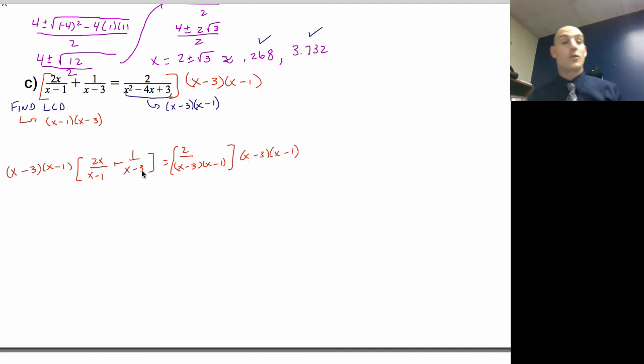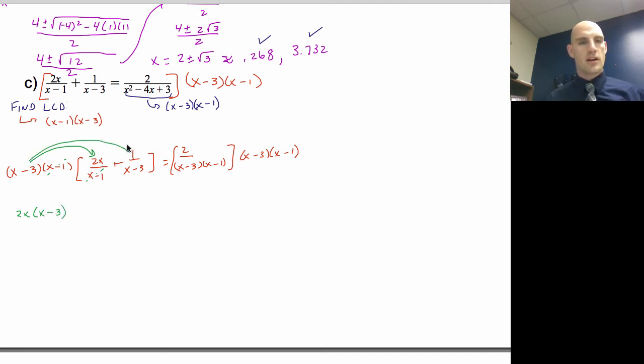Okay, so when I do this, check out what happens. When I distribute this to here, the x minus 1 cancels. So these are gone. I'm not going to cross them out because I have to do that multiplication again, and I don't want it to be confusing. But what I'm left with is 2x times x minus 3. When I distribute it here, my x minus 3 cancels, but I'm left with my x minus 1.